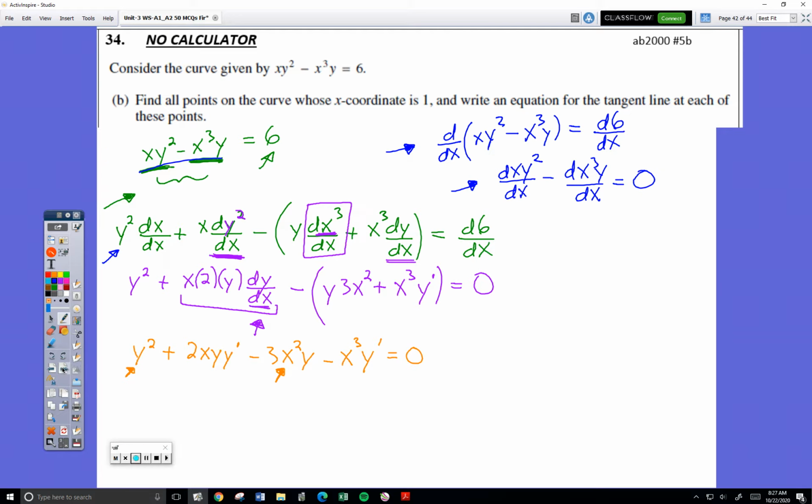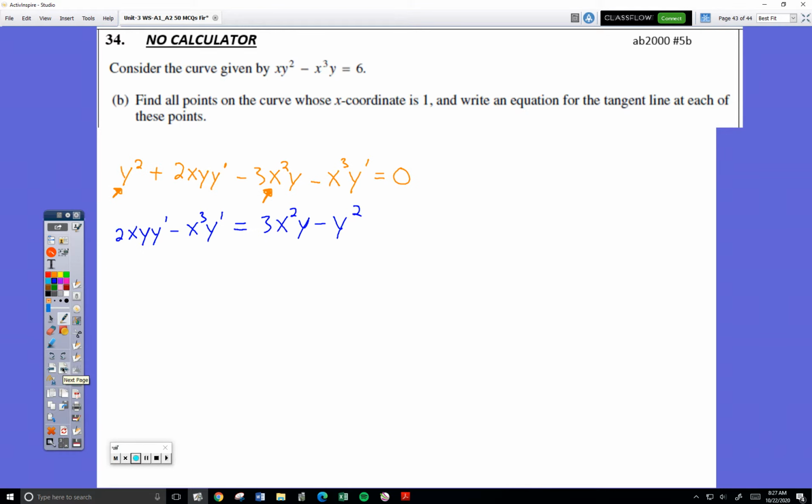So that's why over here, I'm getting the dy dx terms on the same side. Because my next step is to factor dy dx. And then divide, and I'll have my equation that I need for finding the slope at any point on the curve. So that's why I rearranged the equation. Is that okay? Yeah, that makes sense.